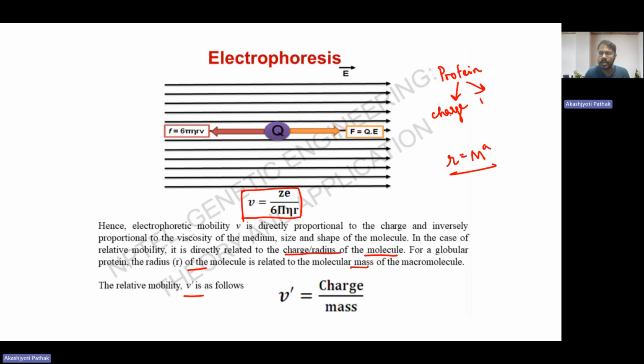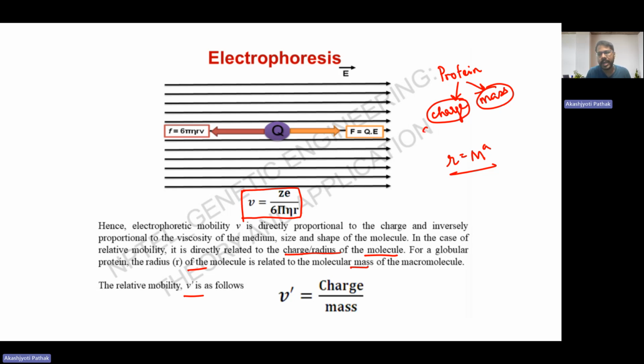That will give a charge to the protein, and the protein will also have a mass. So whenever you are doing electrophoresis of a protein sample, the mobility of your protein will depend on both the charge and the mass of your protein. That is one thing you need to understand.